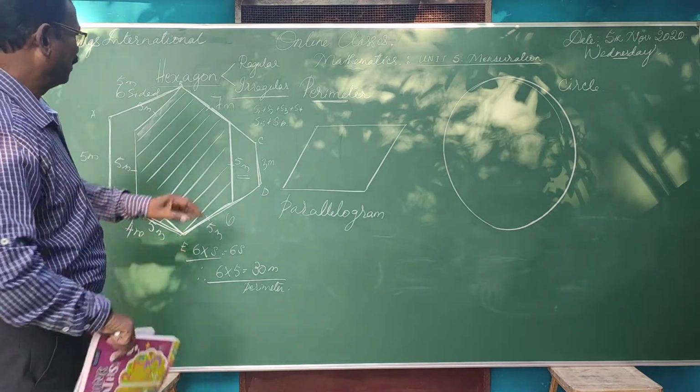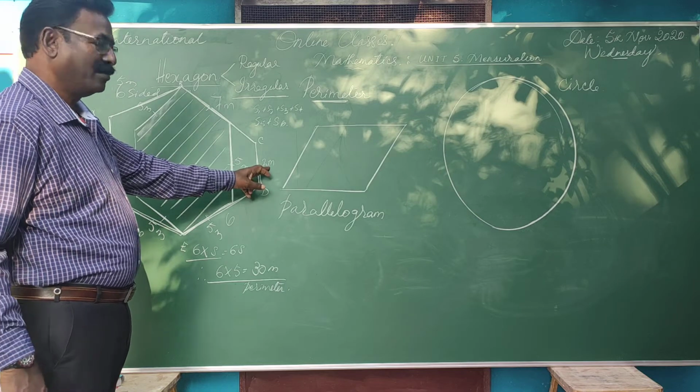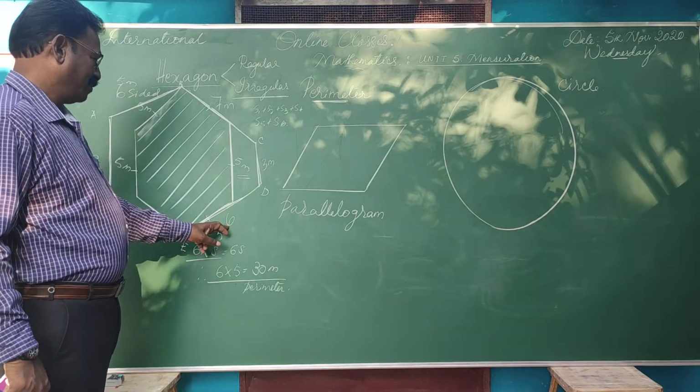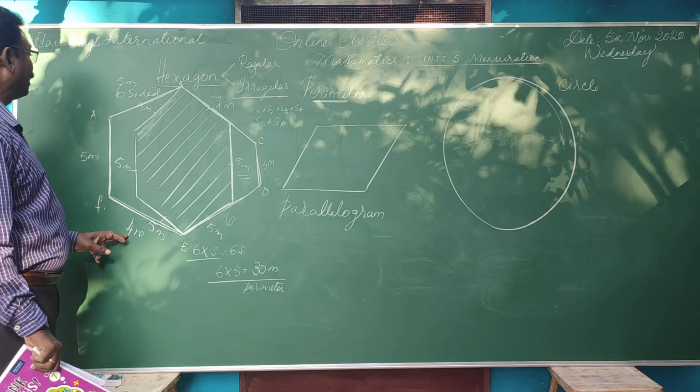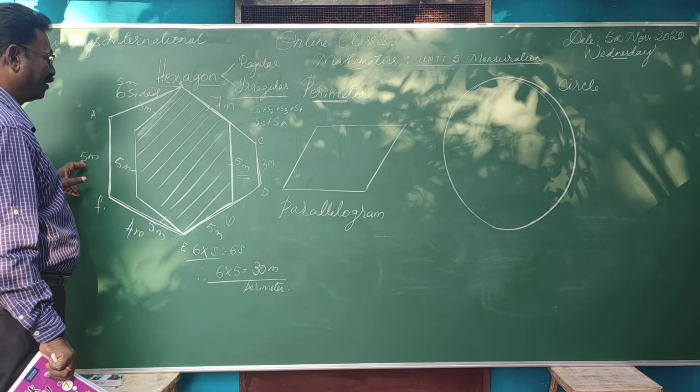Add all these things. 7 plus 3, 10, plus 6, 16, 20, 25, and 30.